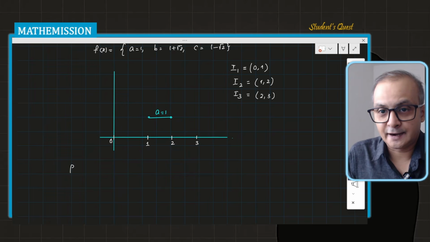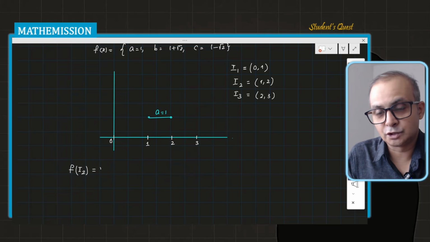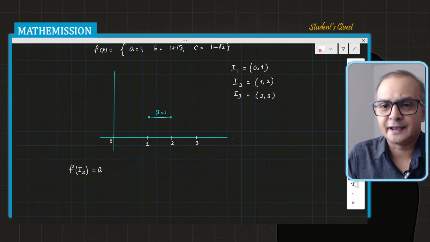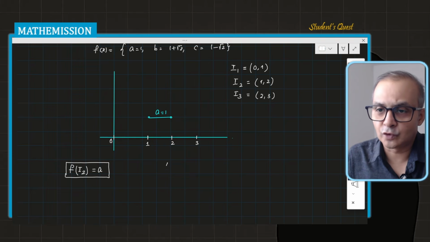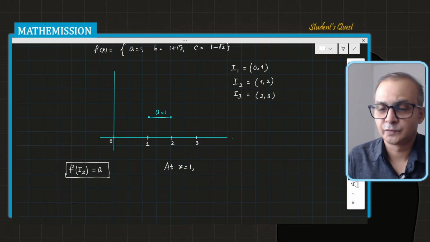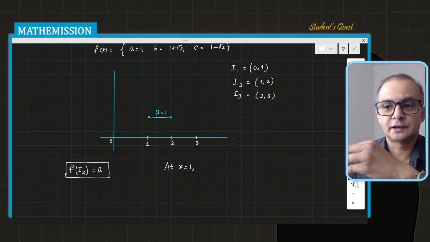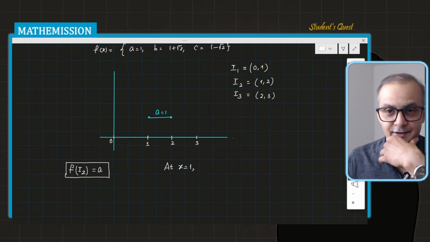I'm fixing that f of I2 is equal to a, and a can be any number, but let's call it 1. Now let's focus on the point x equals 1 first. At x equals 1, let's first decide when the function can be continuous.